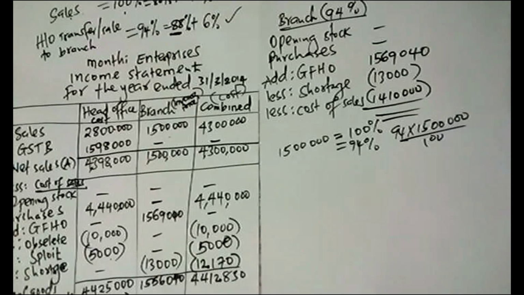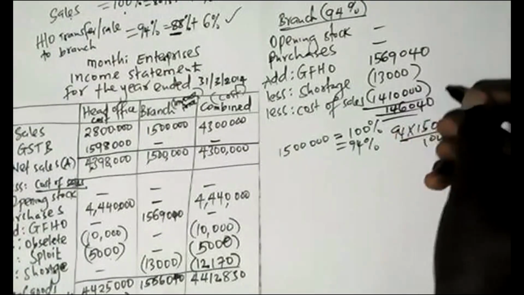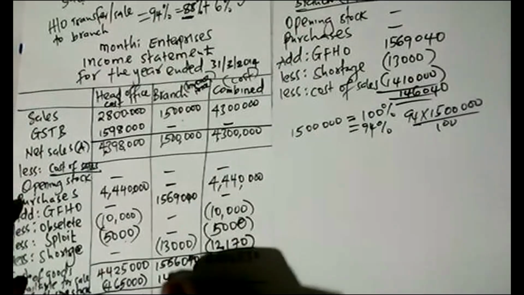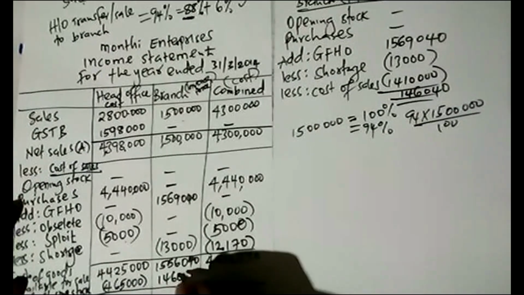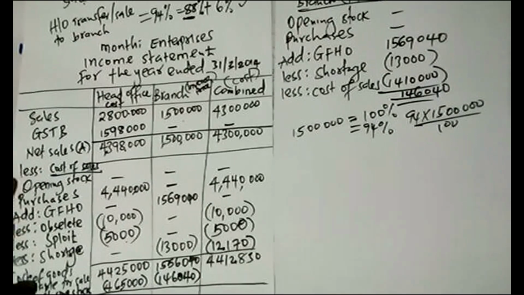So the answer there would be 1,569,040 minus 13,000 minus 1410, that is 146,040. So 146,040 is what you record here.